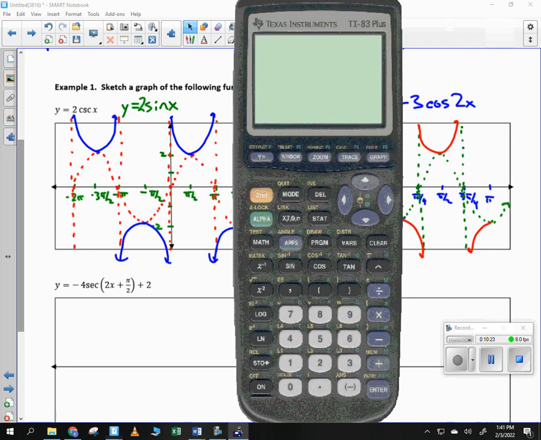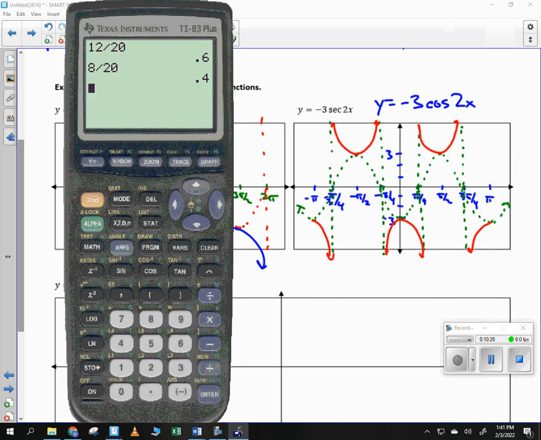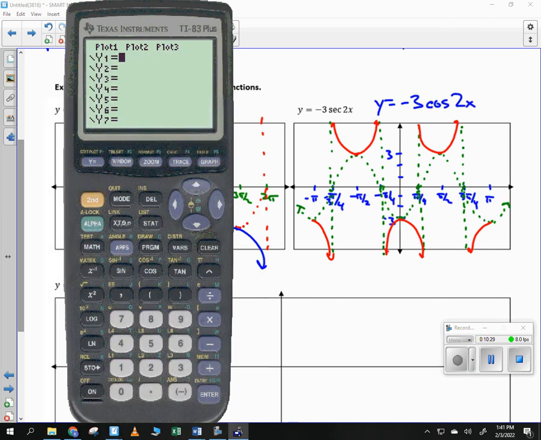I can't resist. I just think it's fun. So sorry, you have to bear with me on this. -3 divided by cosine of 2x. And then we're going to go -3 cosine of 2x. I'm going to put that one as a dashed line. So that's bold, shade up, shade down.